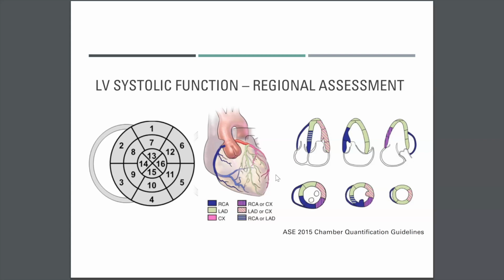So if the regional wall motion abnormality fits a pattern of a coronary artery distribution, you may be more inclined to call this ischemia driven. Whereas, let's say if you have a basal inferior septal aneurysm, that might be more consistent with sarcoidosis, or if you have an apical aneurysm with some thrombus, that might be more suggestive of Chagas disease based on the context. So it's important to look at regional wall motion abnormalities as well.